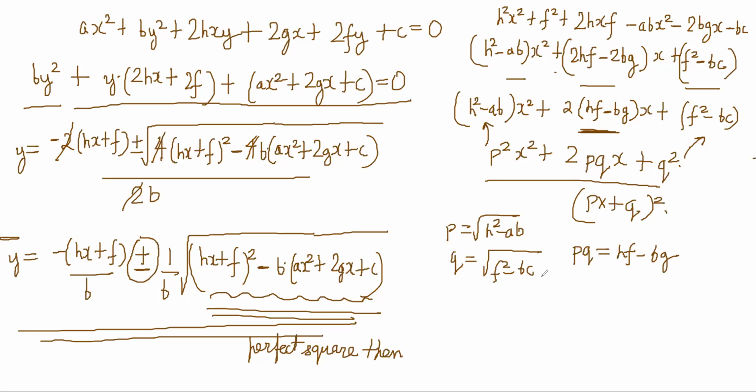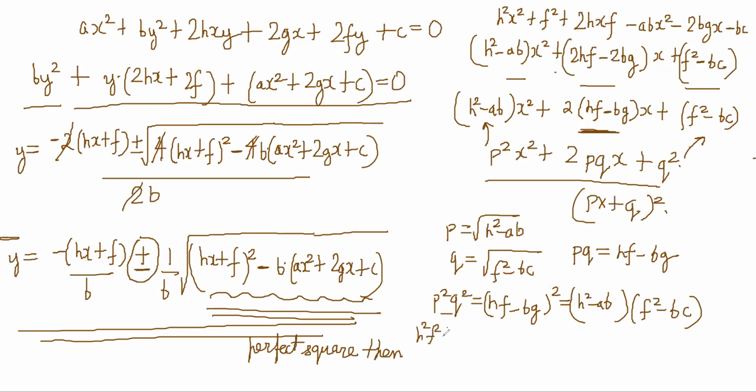So p square q square should be equal to hf minus bg whole square, equal to h square minus ab into f square minus bc. Now expand it: h square f square plus b square g square minus 2hfbg is equal to h square f square minus bc h square minus ab f square plus ab square c.